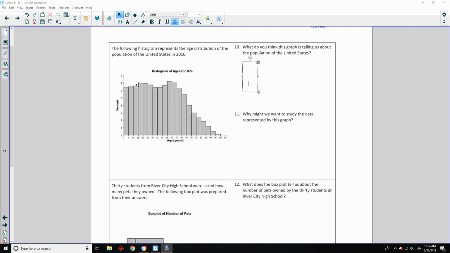It seems pretty consistent between 6.5 and a little more than 7% all the way until we get to the age of 55. Then from the age of 55 down to 100, 105, it starts to decrease.